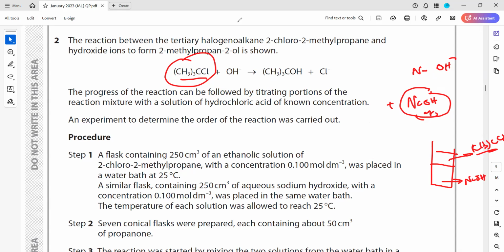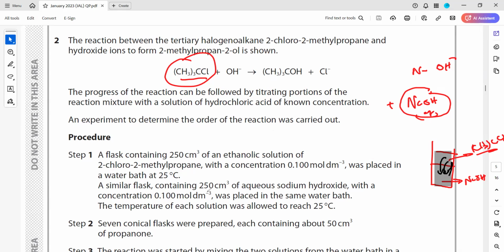Alcohol will act as a solvent. When we add alcohol, it can mix with water and with the halogenoalkane. So both particles can now combine with each other. Particles from the halogenoalkane move and combine with the hydroxide. So alcohol is a co-solvent. Co-solvent means a solvent which can dissolve both sodium hydroxide and halogenoalkane.